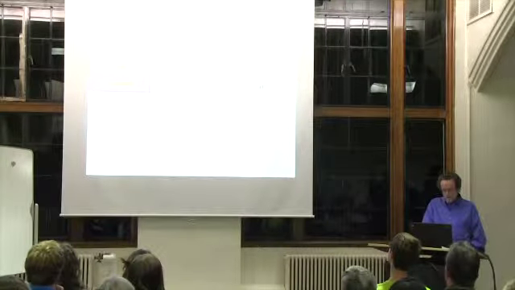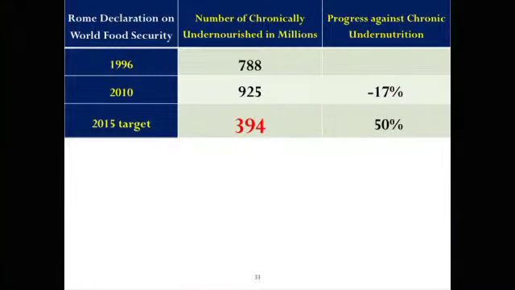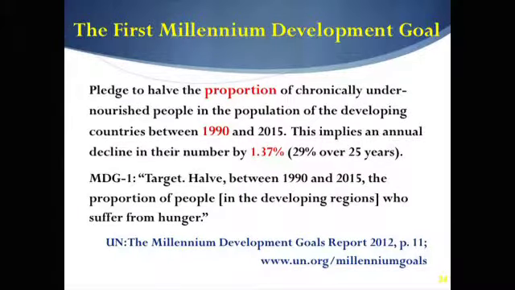Now, that meant a 17% regress between 1996 and 2010, to which one reaction then was the formulation of the first Millennium Development Goal, which again retained the idea of halving the number of chronically undernourished by 2015, but made a few fundamental changes.